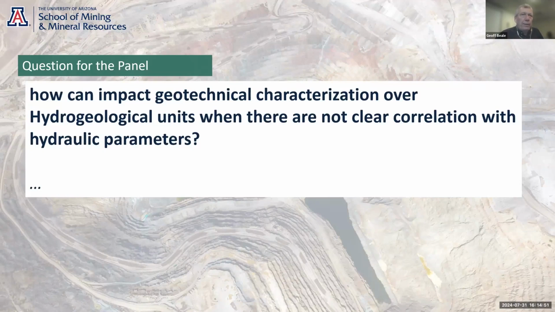So really, that's the link: do some tests in various units, look at the permeability, and then try and relate that to the data you have on RQD or fracture frequency or joint orientation or other geotechnical parameters.